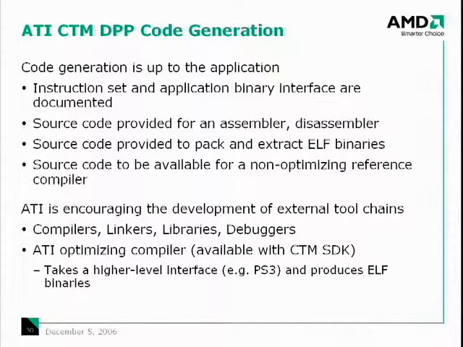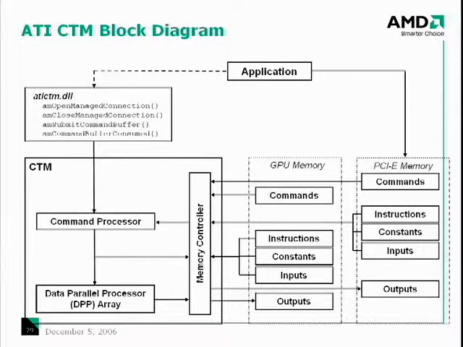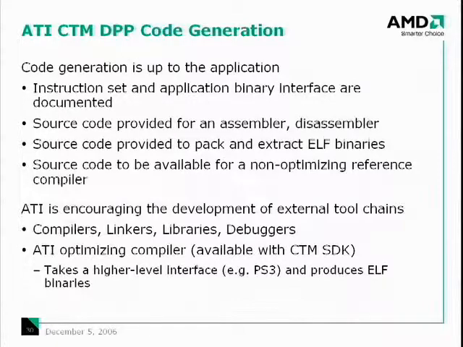So some examples of commands would be things like start program, or set input address to something, or set constant 57 to 3, 4, 5, 6, 7, something like that. Those would be examples of commands. And then instructions are things like multiply, add, sine, cosine, stuff like that, that get run by the actual program. All right. So now how do we generate code for this thing?